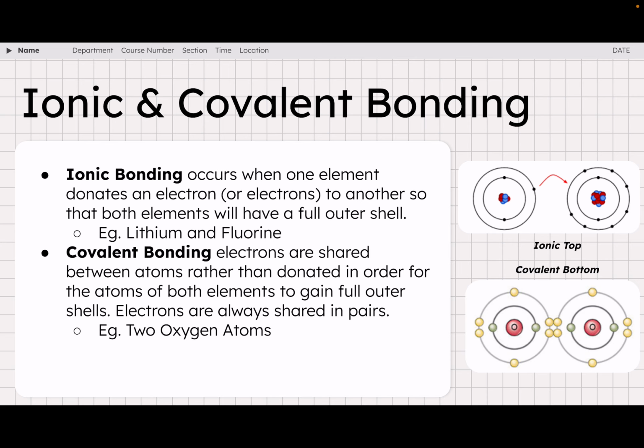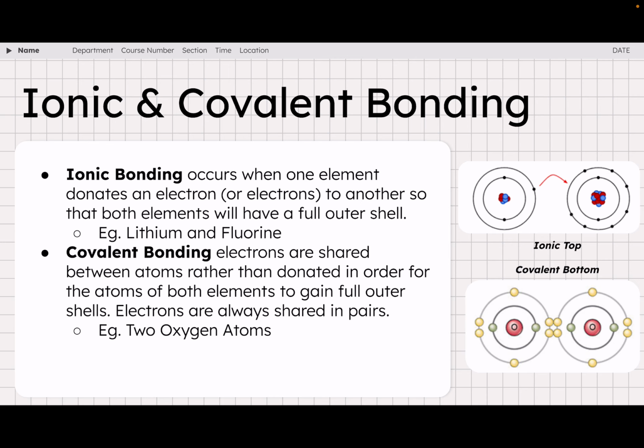For example, lithium only has 1 electron in it, and it needs 7 more to fill it, which is really cost inefficient because they need so much energy for those electrons. While fluoride has 7 electrons in its second shell, and it needs 1 more. So if lithium could somehow remove its electron and give it to fluoride, that would be fantastic. So it does, and that's what ionic bonding is.